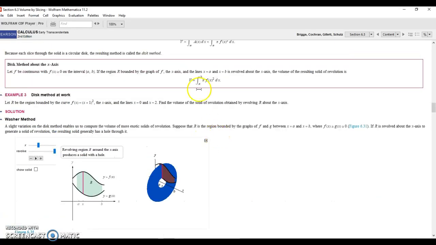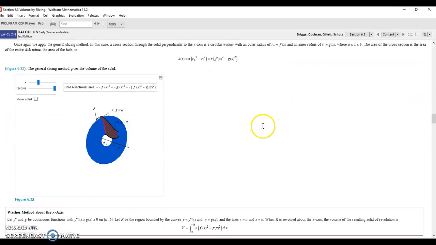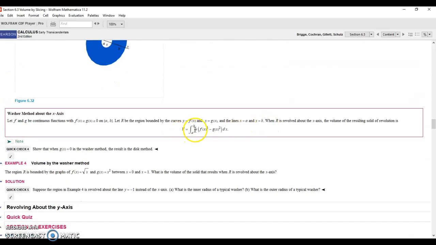So it becomes just our formula that we had for the disk method, but we do the outside function minus the inside function so that we're taking the bigger disk, the bigger circle, minus the smaller circle, and that gives us the area of this washer. Right, so our washer formula is just pi times f of x squared minus g of x squared dx. And we've got the pi in there too, right, because again, these are circles. We're finding the cross-sectional area.